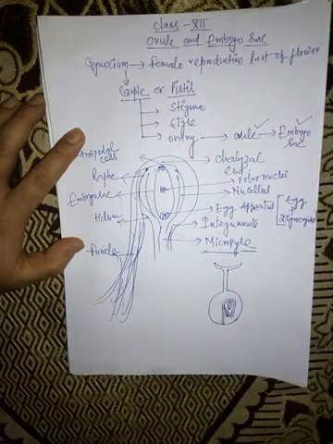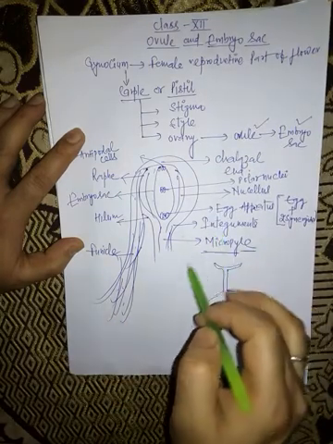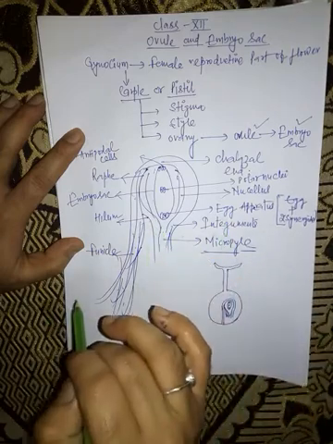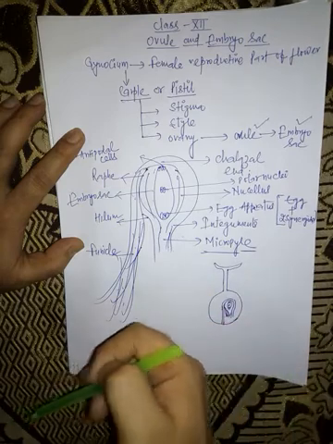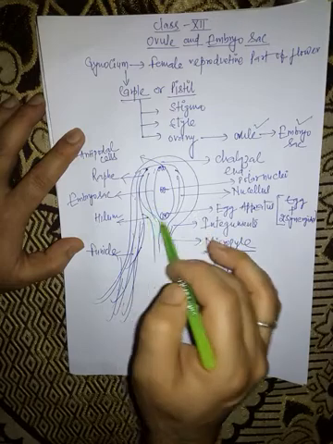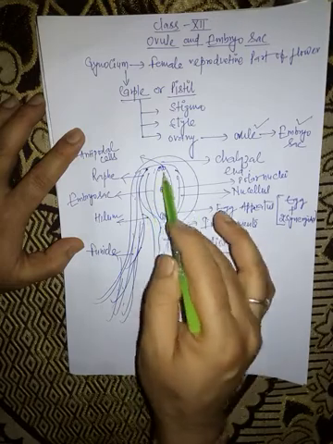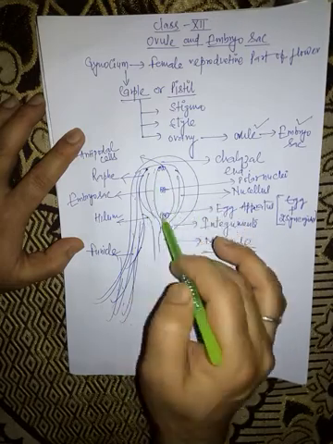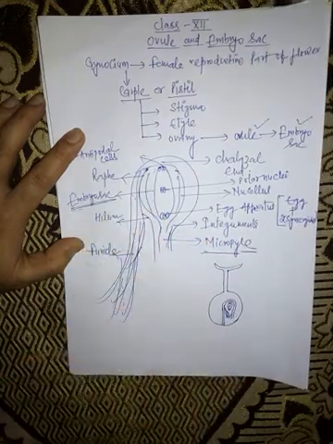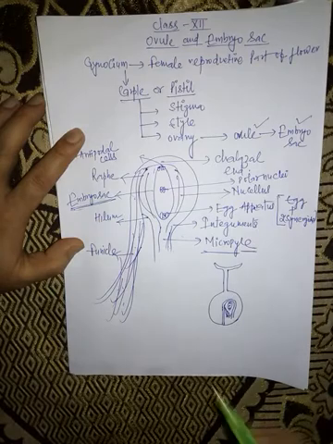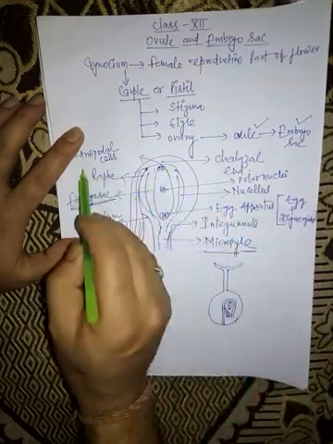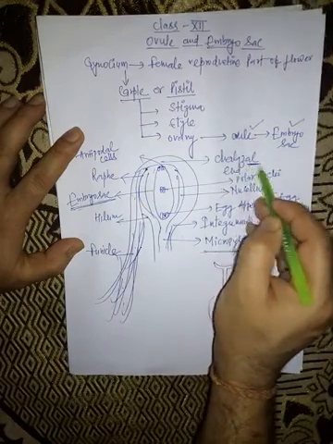Through this micropyle end, the pollen tube enters inside of the embryo sac and fertilizes the egg and polar nuclei. Inside of this nucellus, means integuments, one structure is present. This structure is called embryo sac. This embryo sac contains 8 nuclei. 3 nuclei are present at the chalazal end.